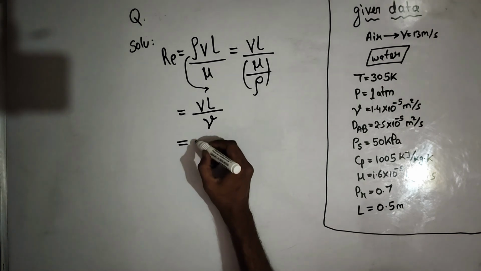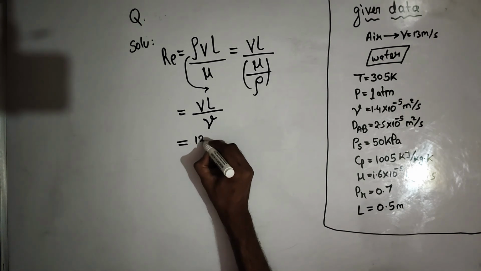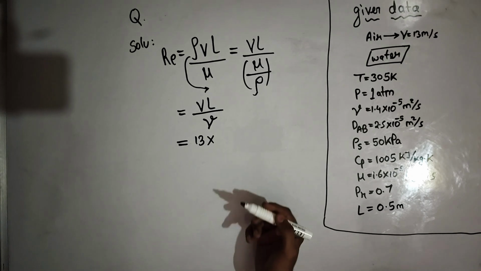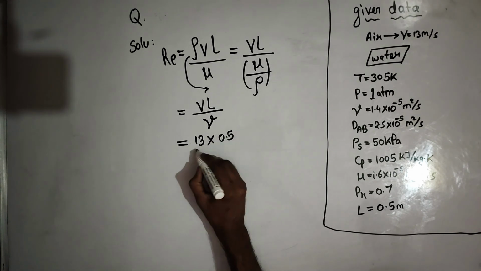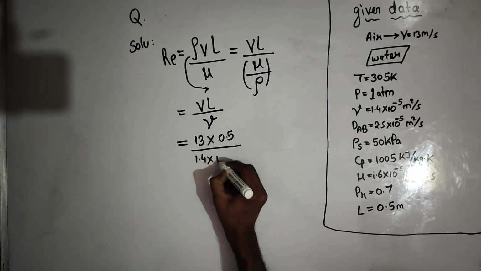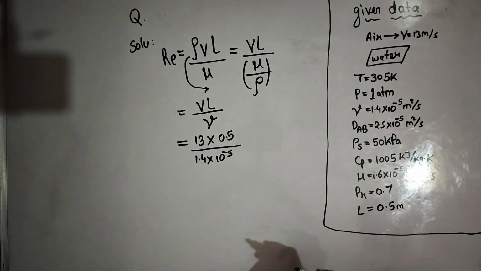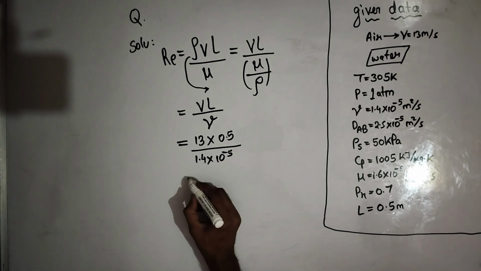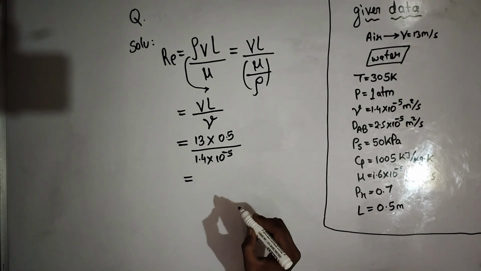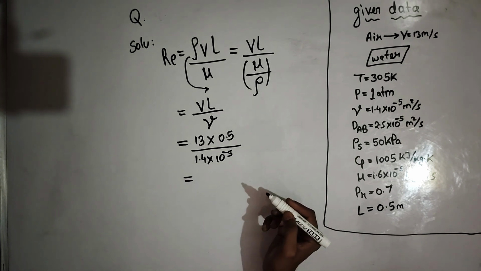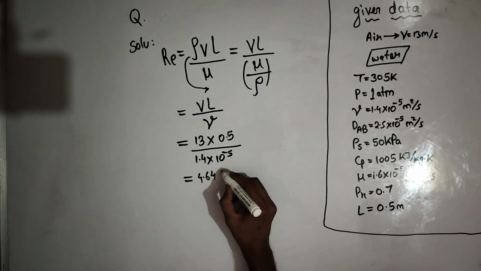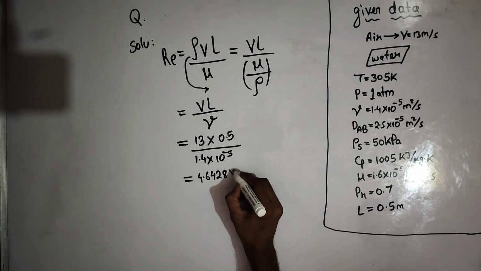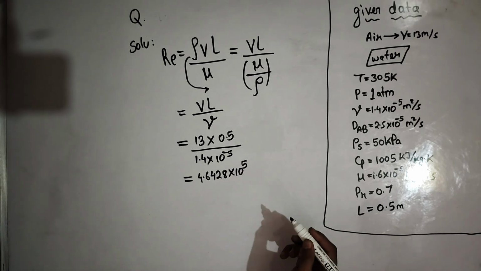From this, we will substitute the values of velocity, which is 13, length which is 0.5 meter, and kinematic viscosity which is given as 1.4 into 10 raised to power minus 5 meter square per second. After solving this, we get the value of Reynolds number as 4.64628 into 10 raised to power 5.